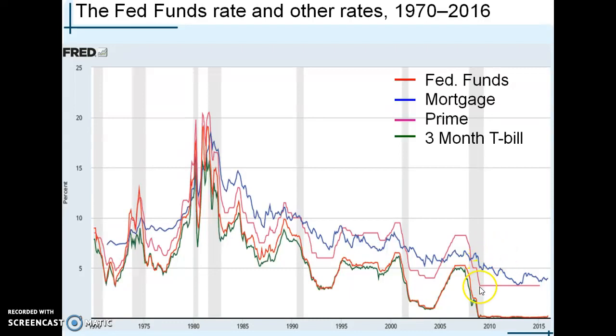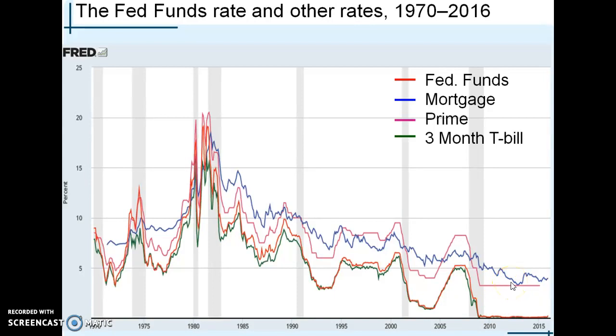So you can see after 2009, there was a real drop in the federal funds rate, almost down to nothing. The Federal Reserve is what caused this. They targeted a low federal funds rate, so all the other interest rates dropped in the economy. The idea is that mortgage rates are lower, car loans are lower, and this was meant to try to stimulate the economy. So low interest rates caused by the Federal Reserve, trying to stimulate the economy.